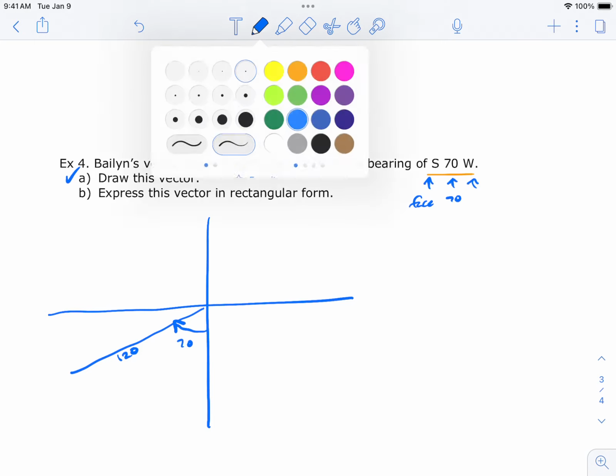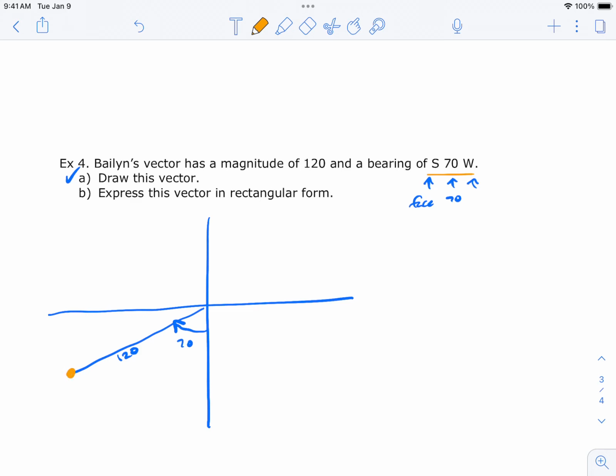Express it in rectangular form. That means get to this point. How far along the x-axis? How far along the y direction? Well, again, if that's 70, I figure that's a 20 then. Call that a y, call that an x, and then I can do my SOHCAHTOA stuff. So the sine of 20 degrees equals y over 120.